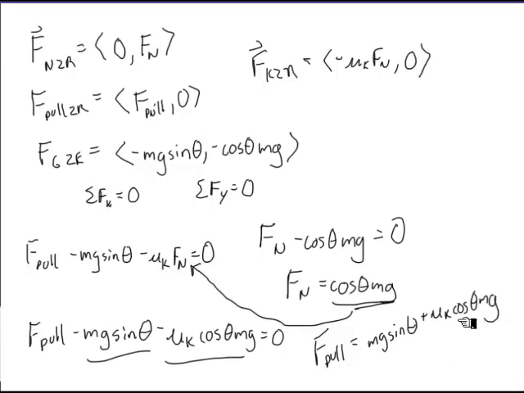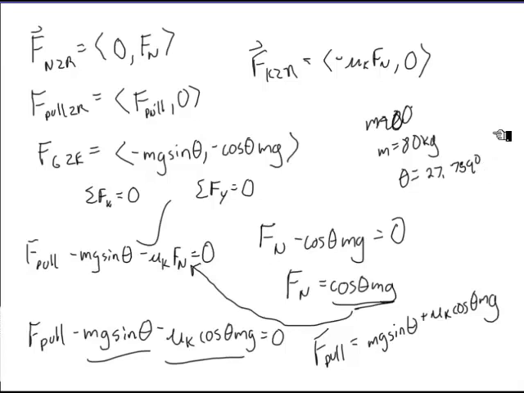And has somebody calculated that yet? Has anyone calculated it yet? I guess I'll calculate it. So remember, the total mass is 80 kilograms. And theta, I think we found to be 27.759 degrees.